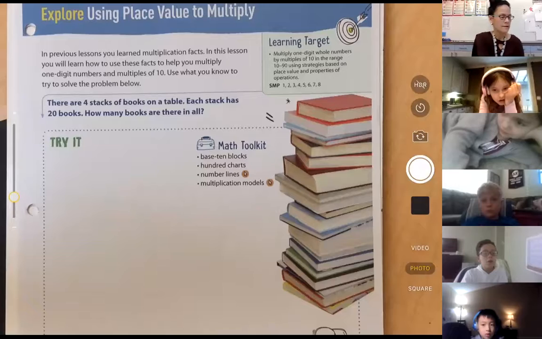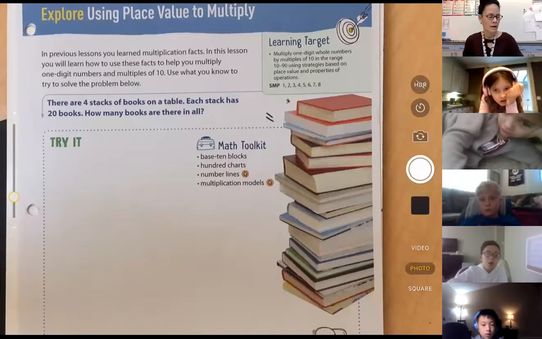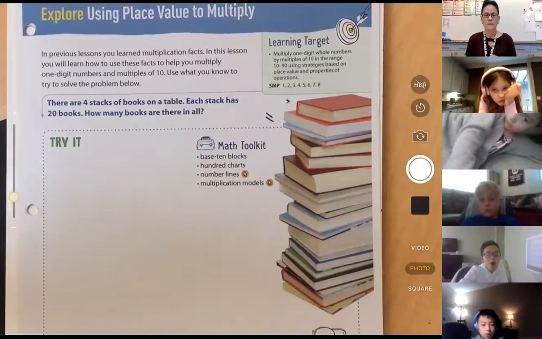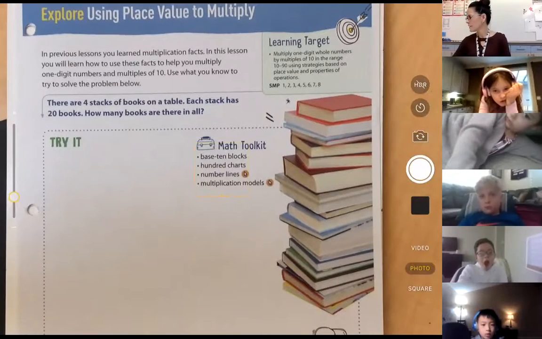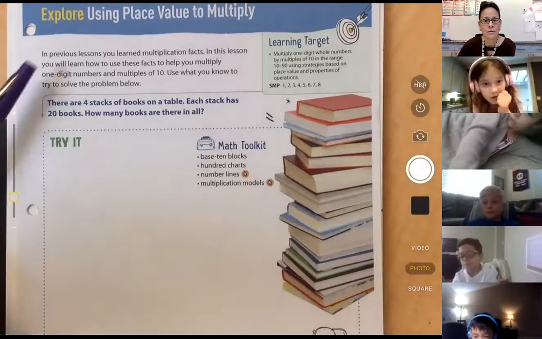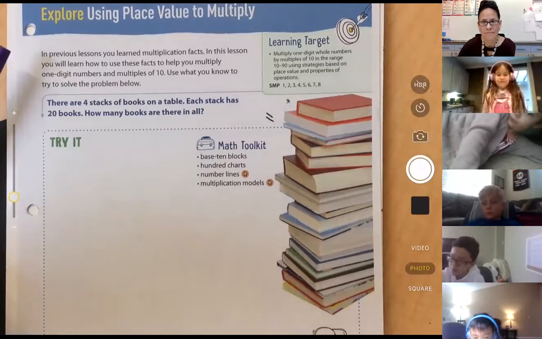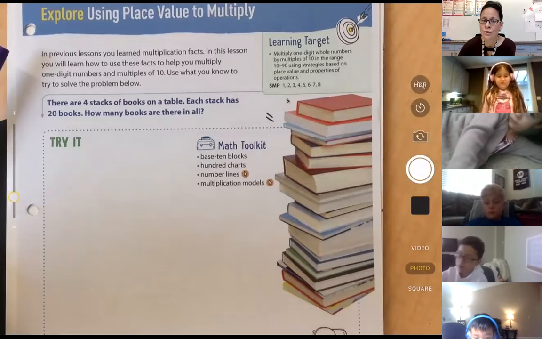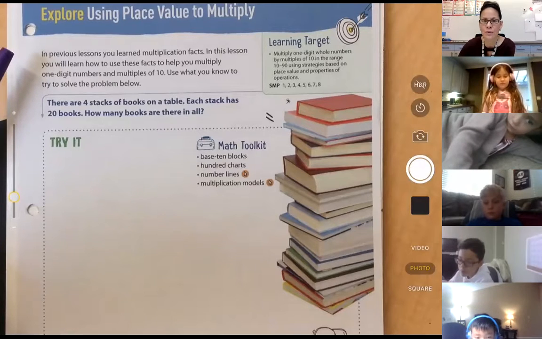All right, friends, starting up here at the top, where it says, in previous lessons, you learned multiplication facts. In this lesson, you will learn how to use these facts to help you multiply 1-digit numbers and multiples of 10. We're going to use what you know to solve these problems.